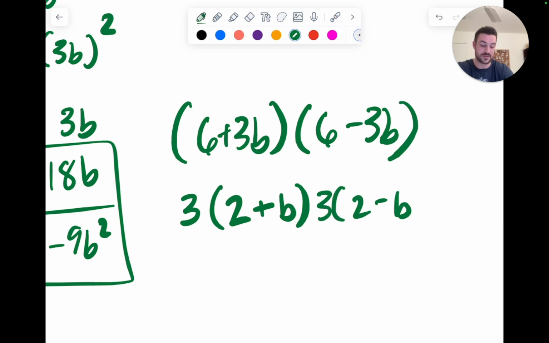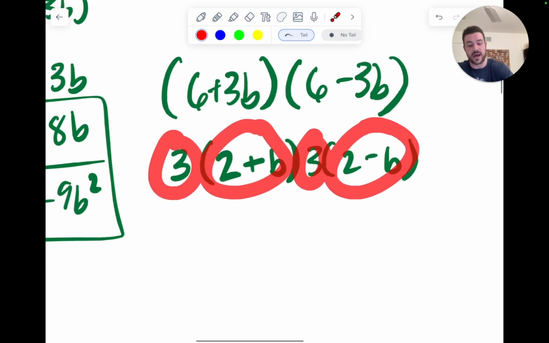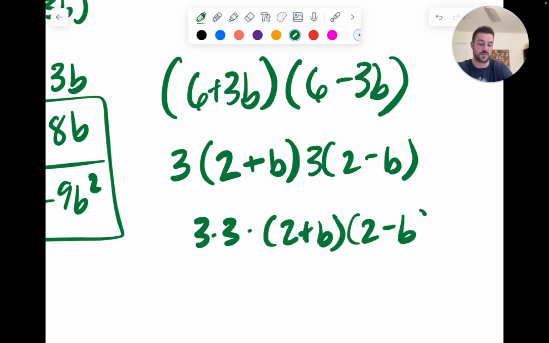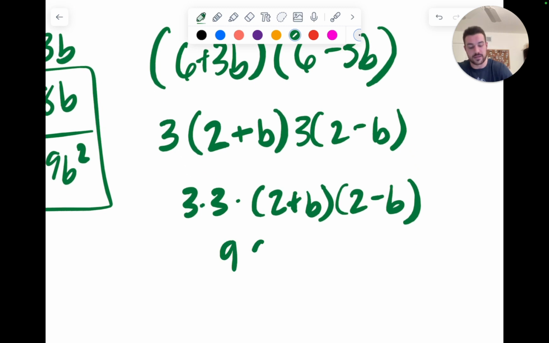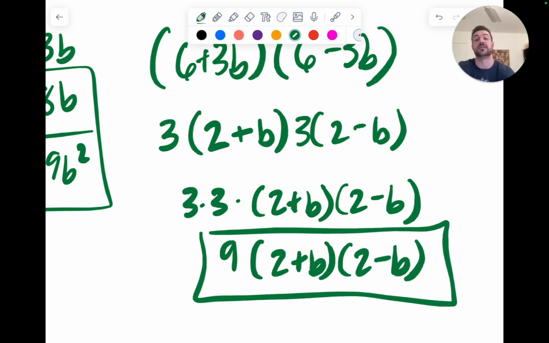Because we are multiplying this, this, and this, the order doesn't matter, and I could rewrite it as 3 times 3 times 2 plus b times 2 minus b, or 9 times 2 plus b times 2 minus b. And that is actually going to be our answer here.